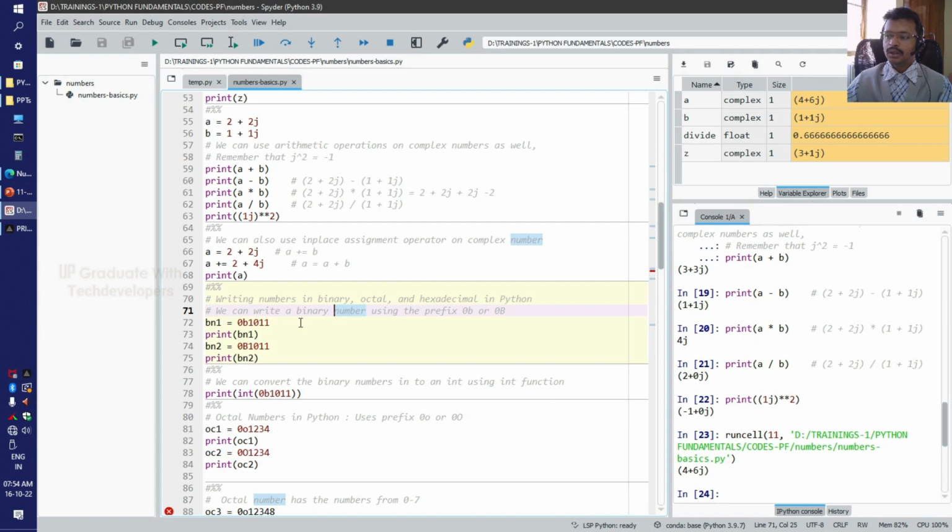In order to write a binary number, we need to use the prefix either 0 small b or 0 capital B in front of the binary digits, that is 0 and 1. We know the binary number consists of only two digits, either 0 and 1.